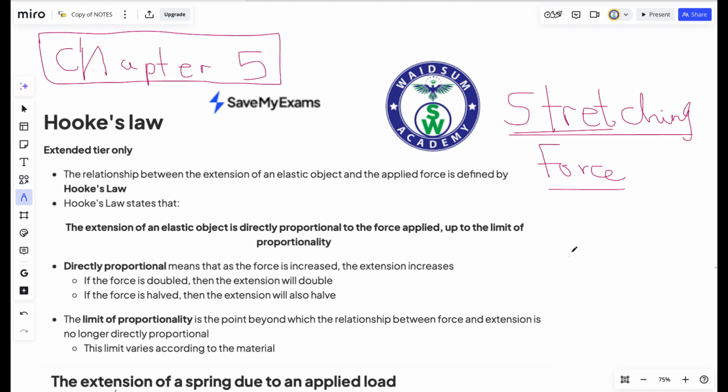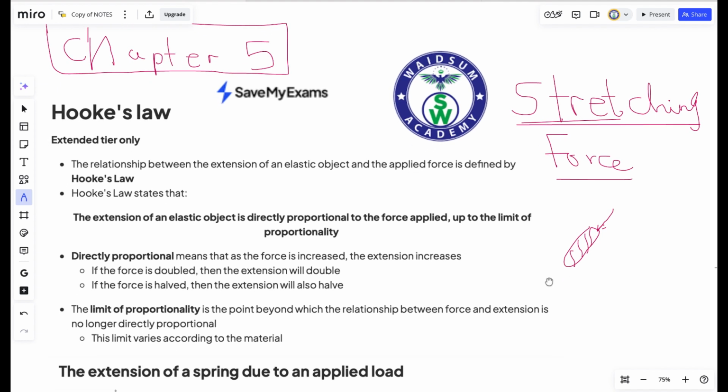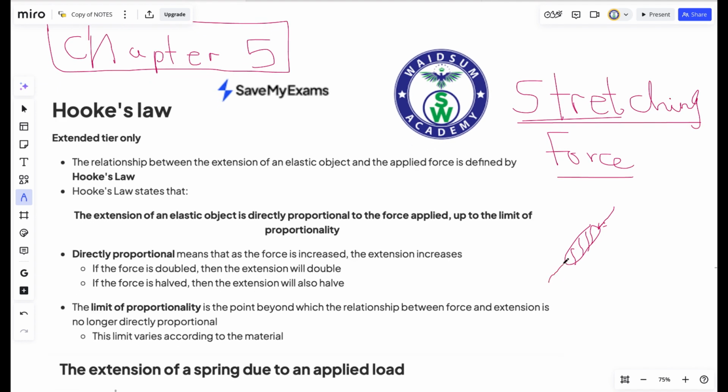For example, if I have a plastic material and I apply two forces to it, one pressing in from this side and another force also pressing in from the other side, then what will happen to this object?